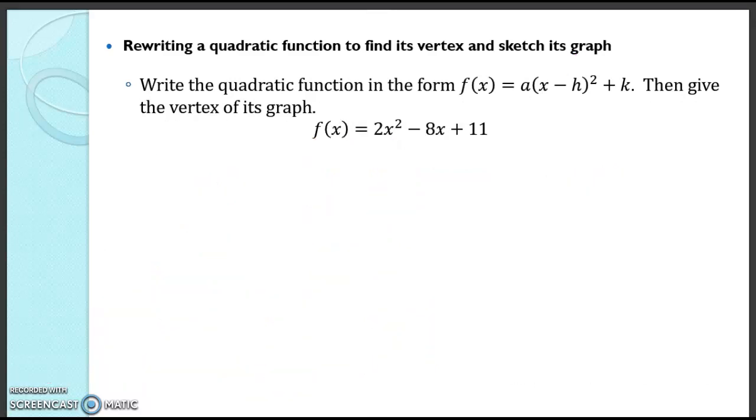Now I do want to go over one more problem for this. We're not going to sketch the graph, but we are going to give the vertex of the graph. Now this one is different because we have a 2 in front of the x squared. Okay, so what we can do with this one is we can first factor out a 2.